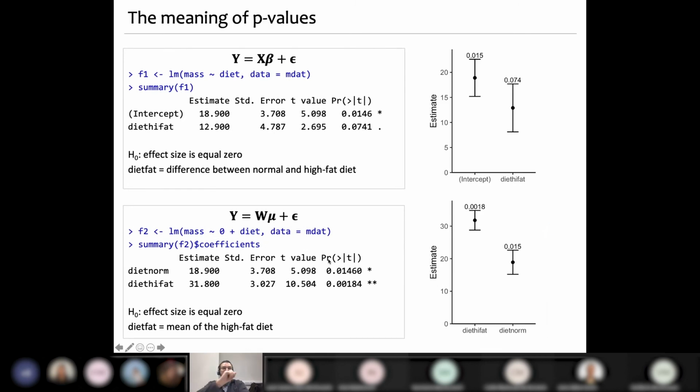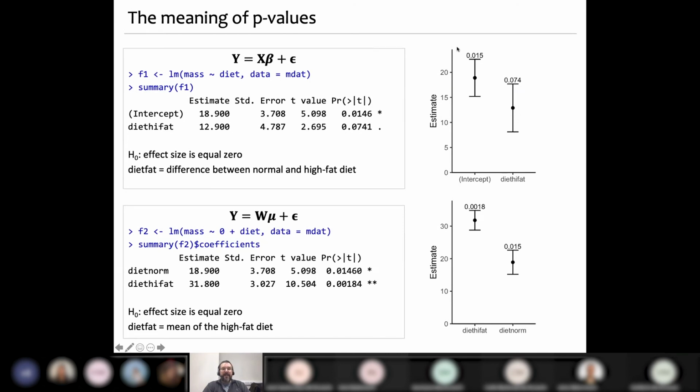What about p-values? What do they mean? This time the figures on the right show directly model coefficients and their standard errors. In this case, we have intercept and diet high fat, which is 19 plus minus 4. This one is the first one, and about 13 plus minus 5.